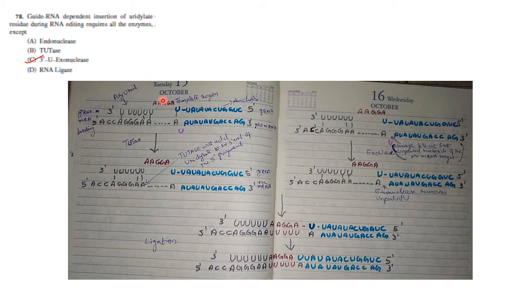This will result in a bulging mismatch region of the gRNA that serves as an information template for uracil addition or deletion. So if you take the case of trypanosomes, there is addition or deletion of uracil residues.